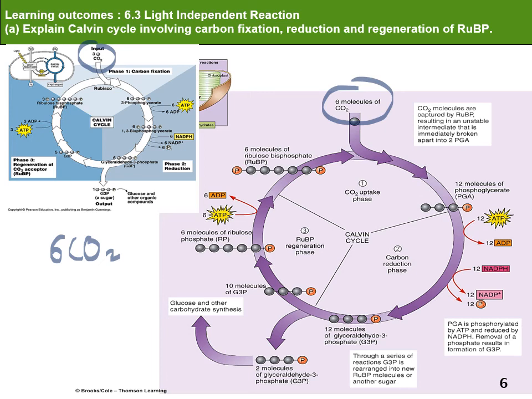So everything here, the number of molecules must be multiplied by 2. When compared here, there are 6 molecules of 3-phosphoglycerate because it involves only 3 carbon dioxide, so you have to multiply by 2. There will be 12 molecules of 3-phosphoglycerate, and the others are the same.